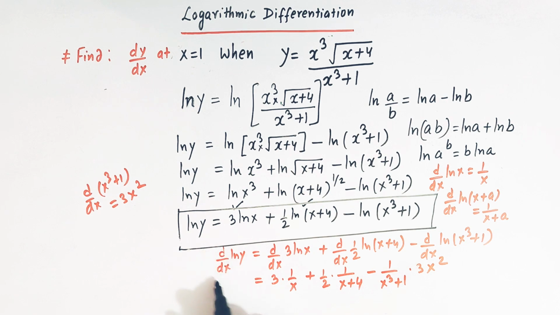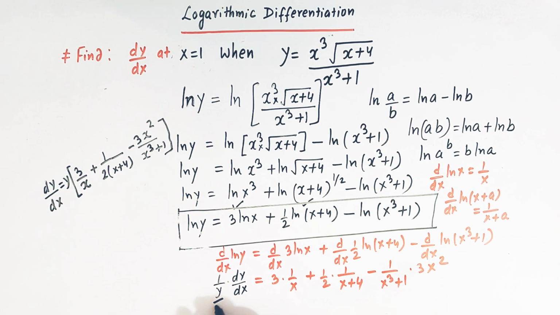And in the left hand side, we have the derivative of log y with respect to x. So the derivative of log y with respect to x is 1 over y, and then we have dy over dx by chain rule, right?